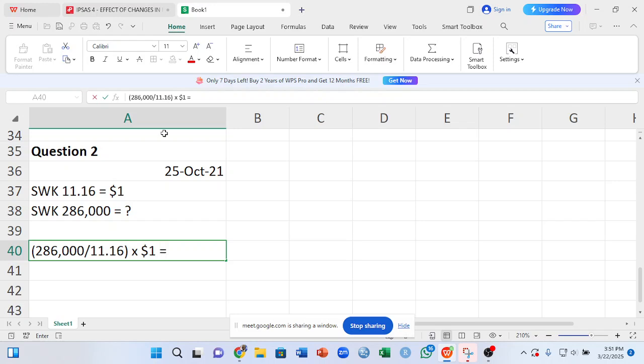That will give us 25,627. So this will be the amount in the functional currency.